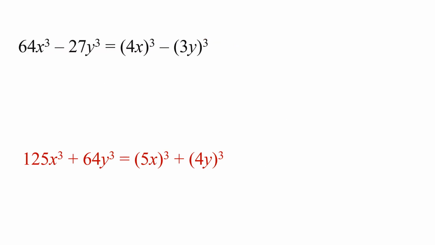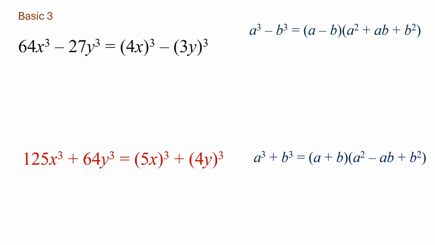Alright, so let's solve these two questions using the formula. If you look at the first one, the operation is a negative, so we'll be using the difference of cubes. The second one, the operation is a plus, so we'll be using sum of cubes. Let's look at the first one first.